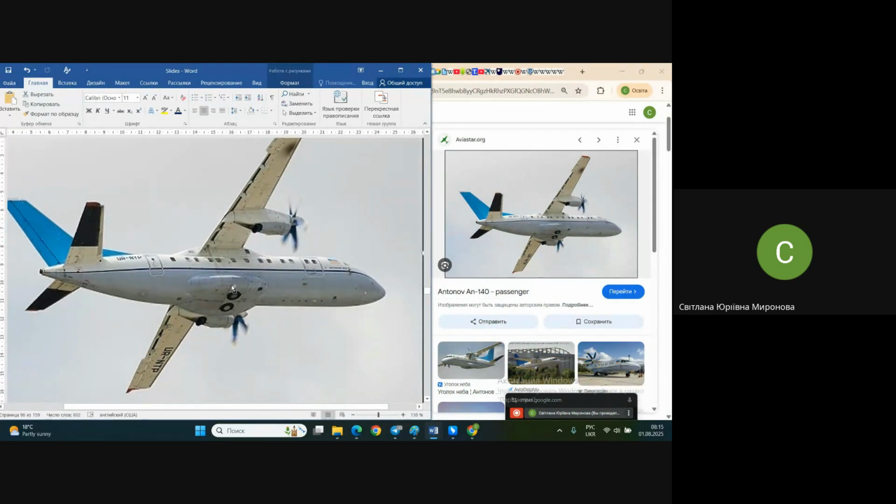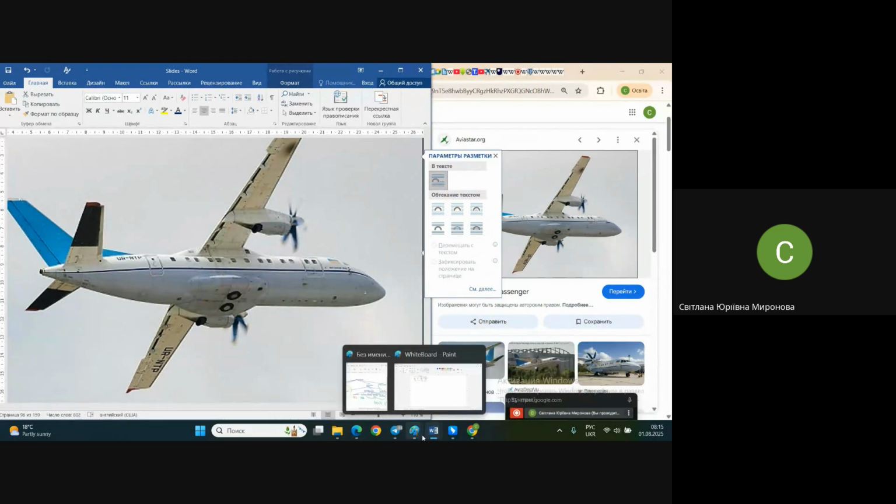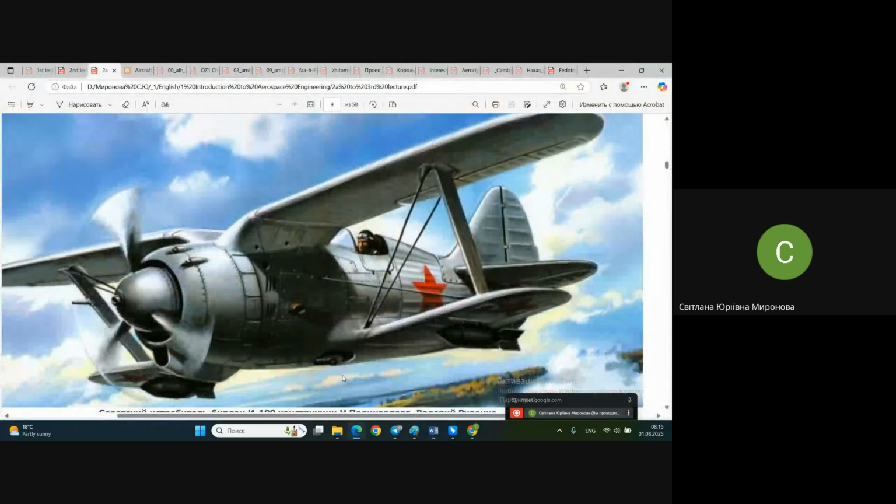A lot of interesting things might be said about the aerodynamics and design of airplanes, but maybe it's a bit early to overload you with such information. Look, a retractable landing gear of wheel type is visible, and it's hidden under the belly.